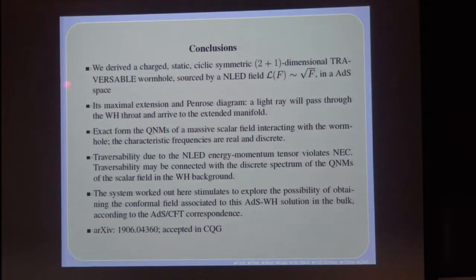I showed you the Penrose diagram that is in agreement with the information that we obtain with the quasi-normal modes, in terms of the trajectory that a perturbation or a light ray will follow. It will traverse the throat and will come out in the other space.